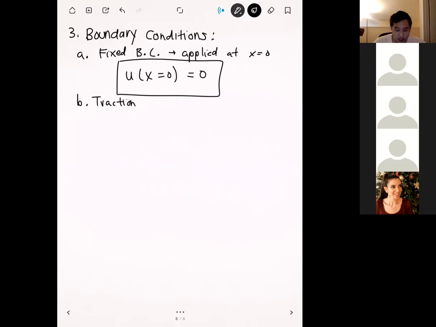So does that make sense about why we did this at x equal to 0, not x is equal to L? Okay. All right.